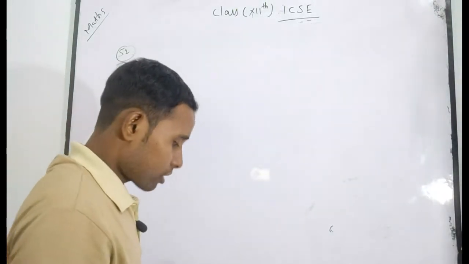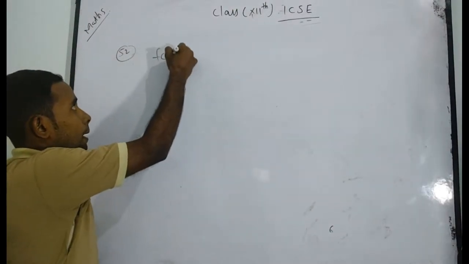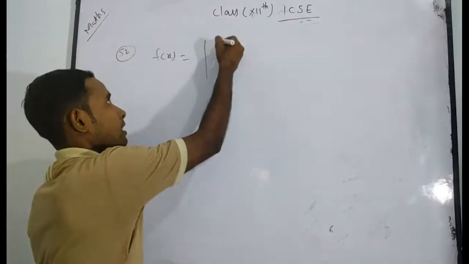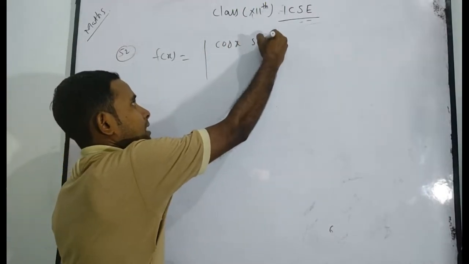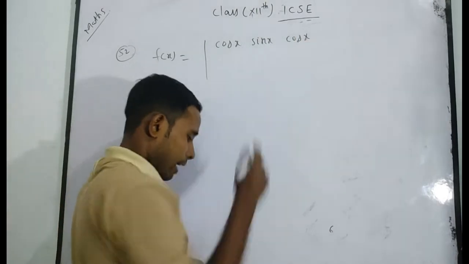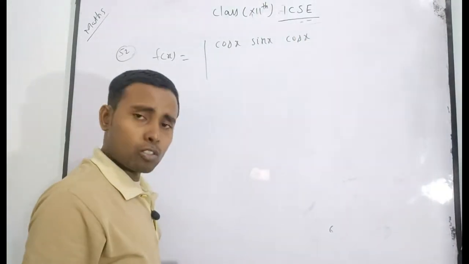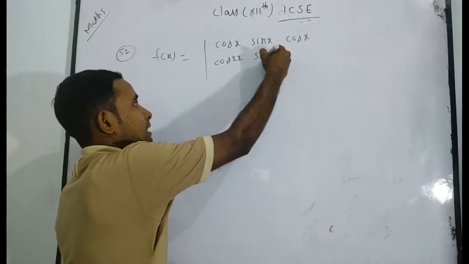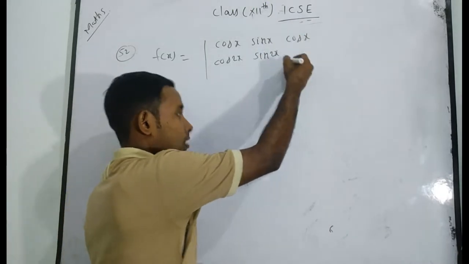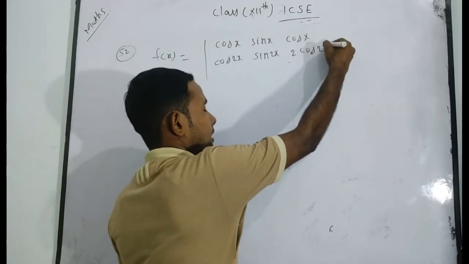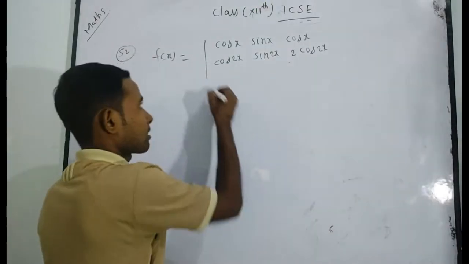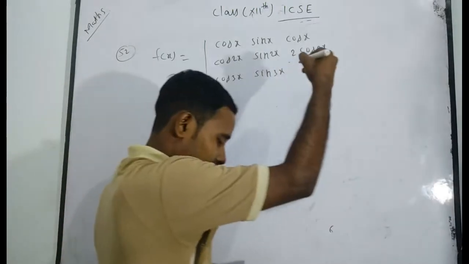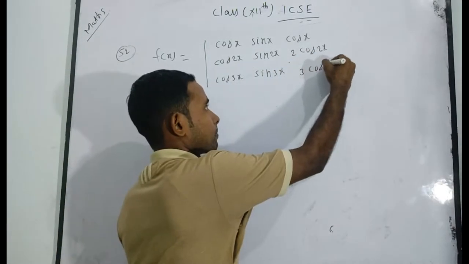It is given that f(x) is equal to the determinant with first row cos x, sin x, cos x; the second row cos 2x, sin 2x, 2 cos 2x; and the third row cos 3x, sin 3x, 3 cos 3x.